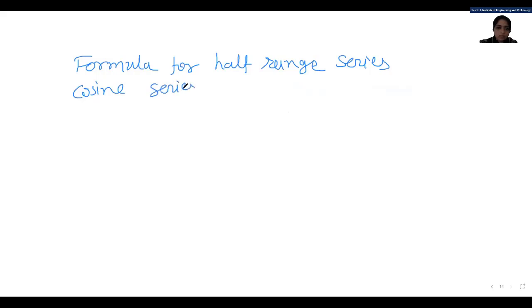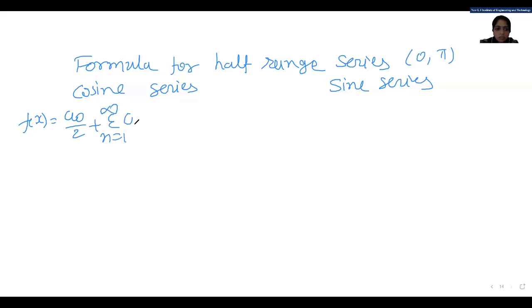If our limits or period is 0 to pi, as this is half, it will be 0 to pi or 0 to L. So for 0 to pi, the cosine series is f of x equals a0 by 2 plus summation n equals 1 to infinity an cos nx.